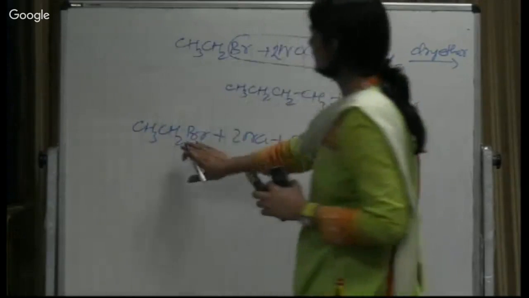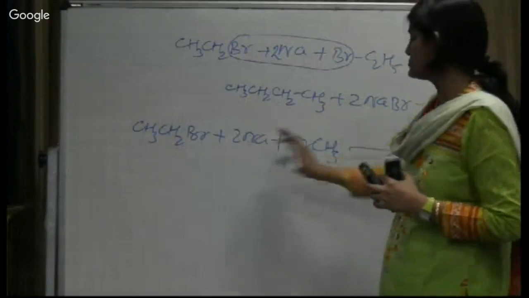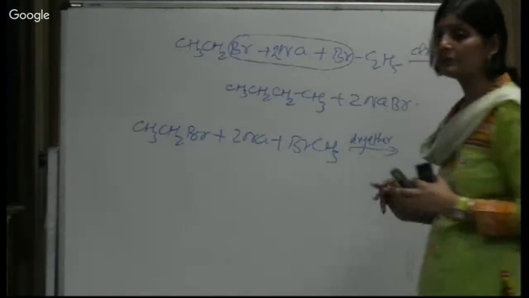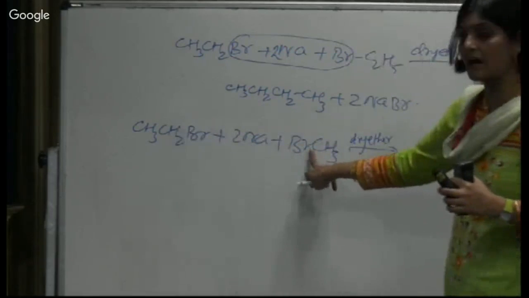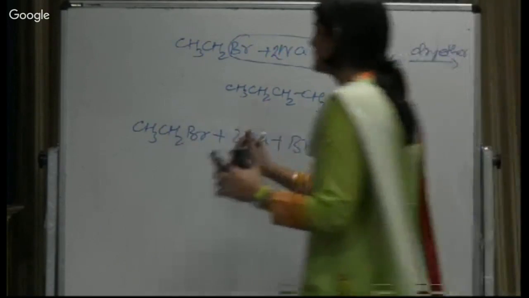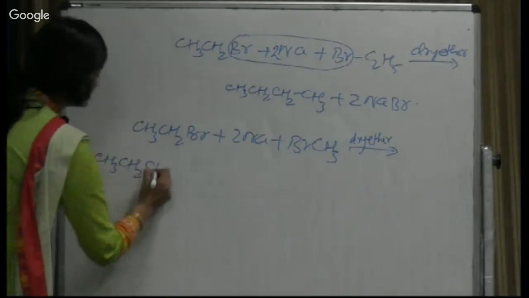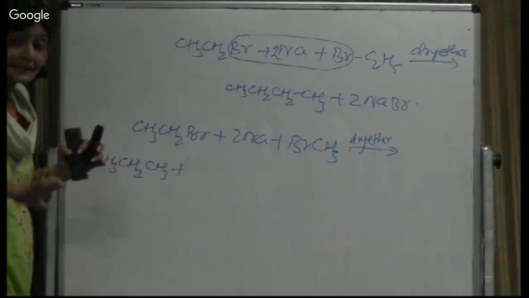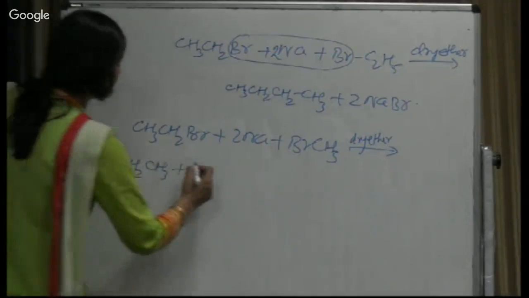For example, if I am reacting ethyl bromide with methyl bromide in sodium and dry ether, what products will I get? Will I get only propane? A 2-carbon chain and a 1-carbon unit combining, of course, you will get this. But besides this, you will have ethyl bromide reacting with itself, so you will get normal butane also being formed as a product.